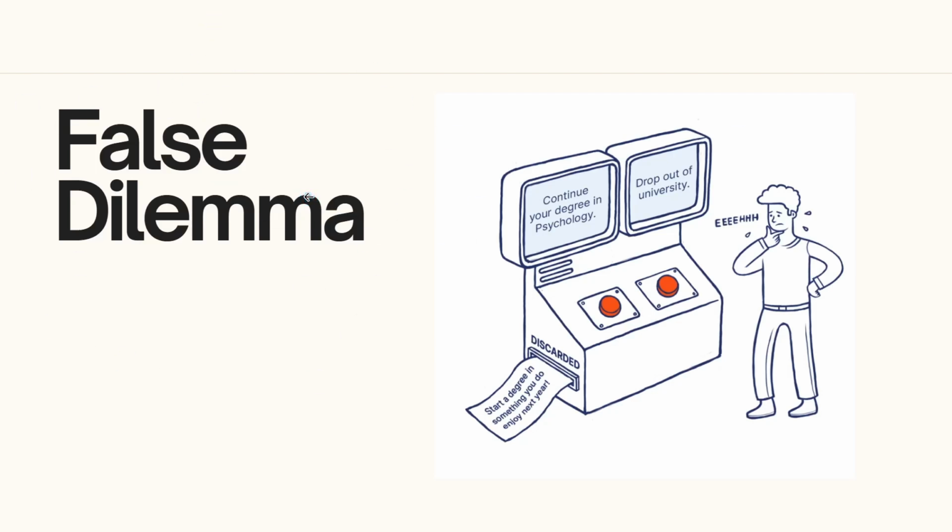The next fallacy will be the false dilemma. In this fallacy, let's just say that you're met with a choice to either go with computer science or study mechanical engineering.